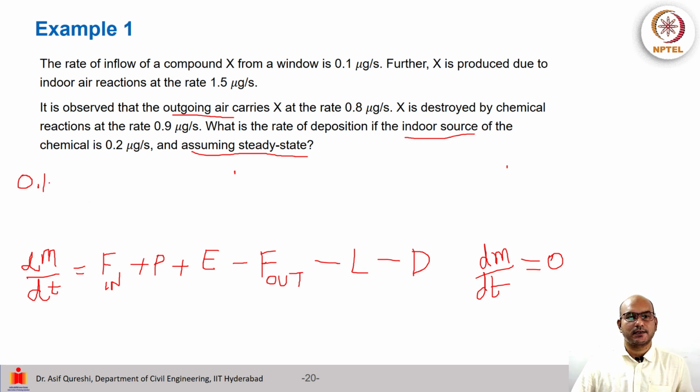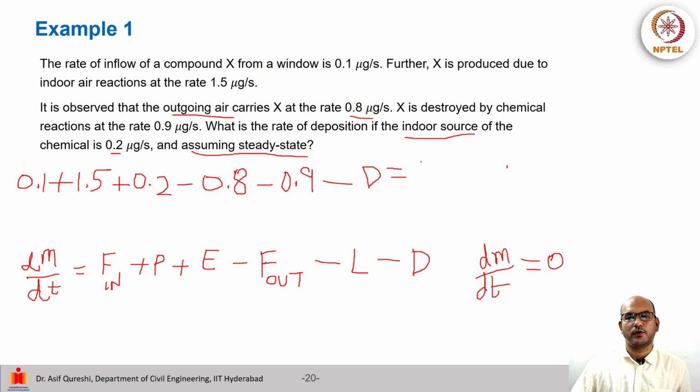P is 1.5 plus E, which is 0.2 minus F out, which is 0.8 minus L, losses by chemical reaction, is 0.9 minus D equal to 0.